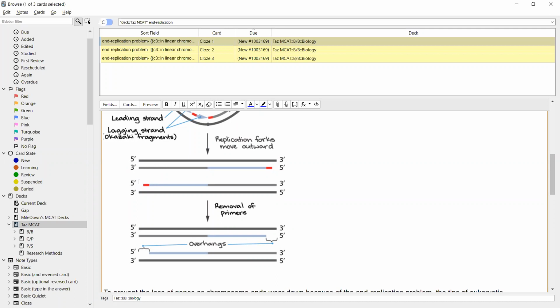If that cap ever breaks, then the whole shoelace starts coming apart. So that thing is there to prevent this problem from reaching the actual important parts of the DNA. And you might have heard telomeres are something related to aging and stuff, right?